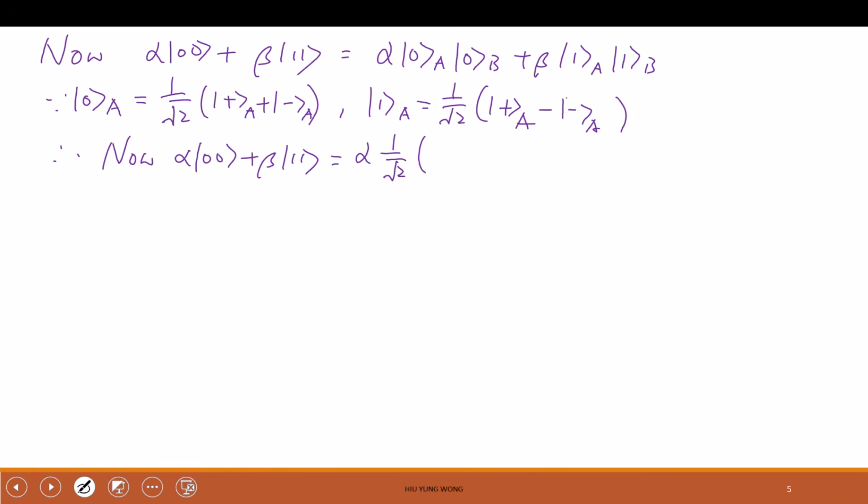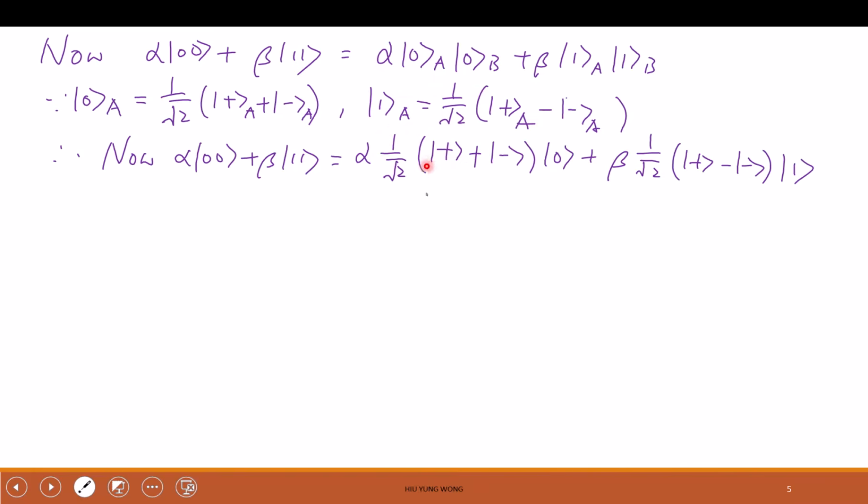I want to stop writing the A because it is troublesome for me. You know that the first one is A, second one is B. Plus beta 1 over square root 2, plus... and this is a typo, right? No one picked it up. Is this step okay? I'm just doing alpha.